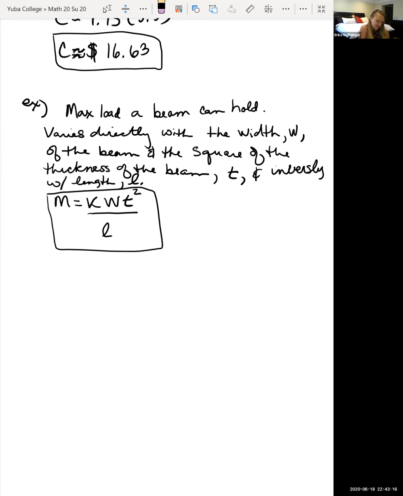And so it says if an 8-foot beam will support 750 pounds when the beam is 4 inches wide and 2 inches thick.